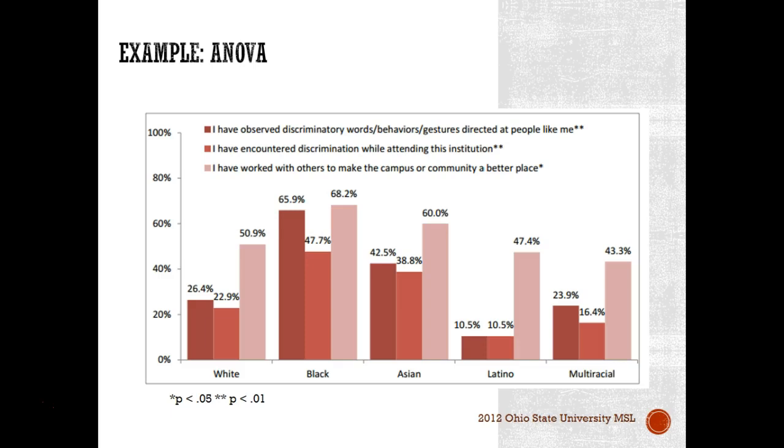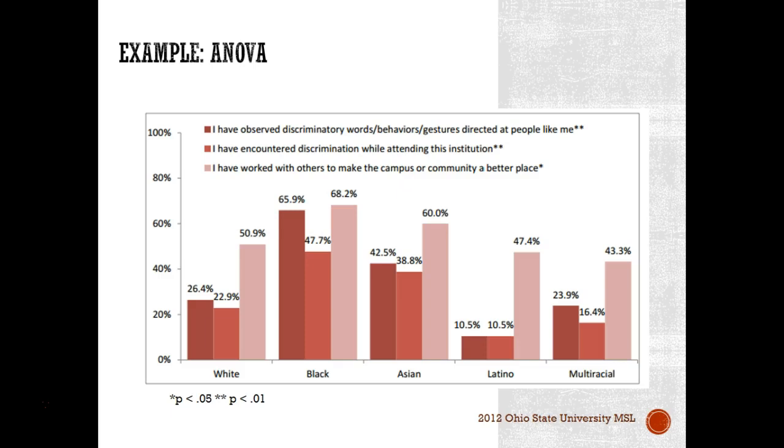What I am going to say, though, is that we can tell from this graph that we are looking at racial and ethnic categories, white, black, Asian, Latino, multiracial, and we're looking at these different questions. I have observed discriminatory words, behaviors, gestures directed at people like me. I have encountered discrimination, or I have worked with others to make this campus or community a better place.